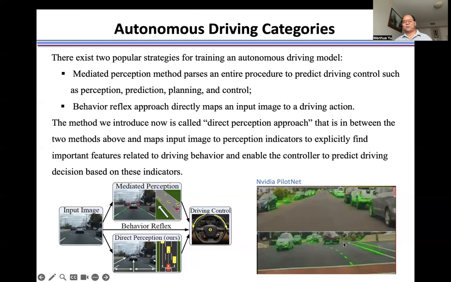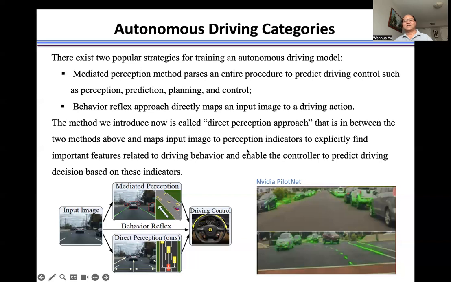For example, if we drive on a road with lane markers, then we can find that the lane markers and the traffic are important to the machine driver. If a road has no lane markers, then a car parked along the street is important for the machine driver.